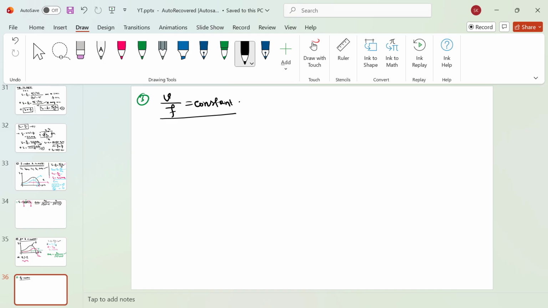And also let me take the help of these equations.